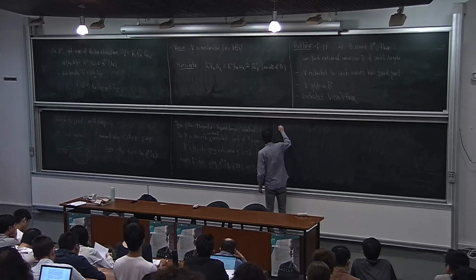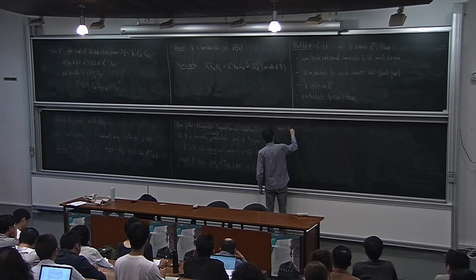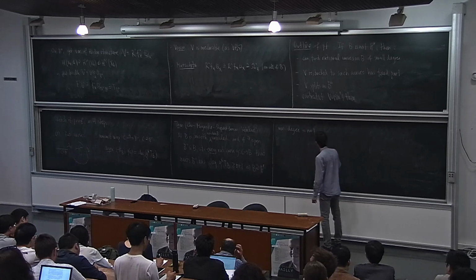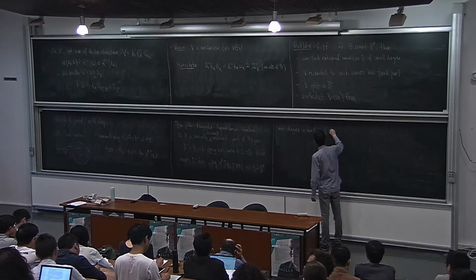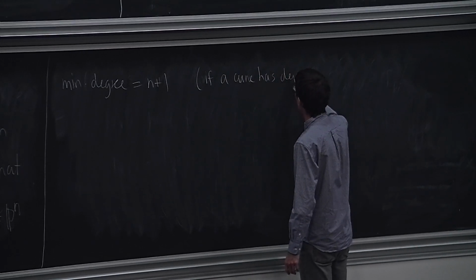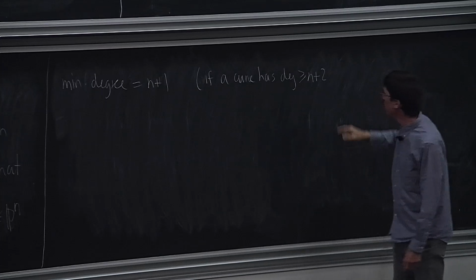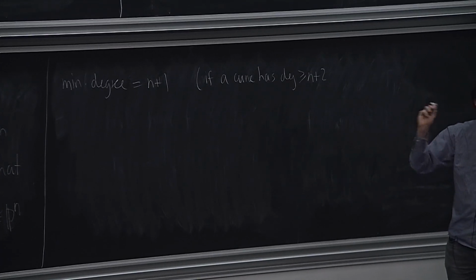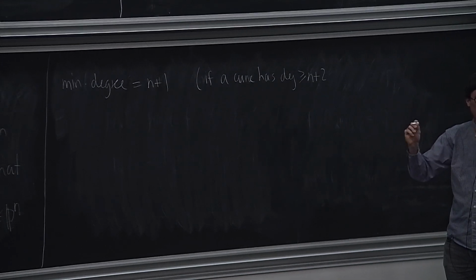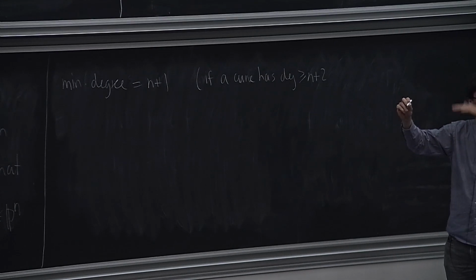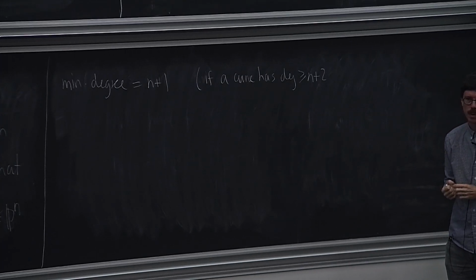In fact, the minimal degree that shows up is n+1. If a curve has degree at least n+2, then you have enough moduli to move the curve and keep 2 points fixed. Then you can run the bend and break argument, where you look at a one-parameter family through 2 fixed points. As that deforms, the curve will break, and once it breaks, the pieces have smaller degree.